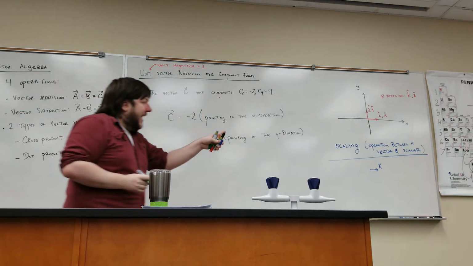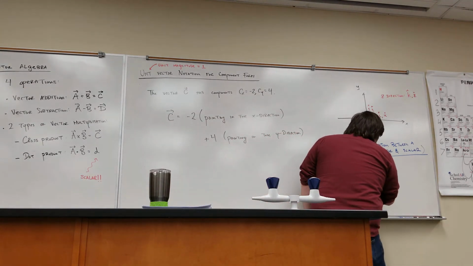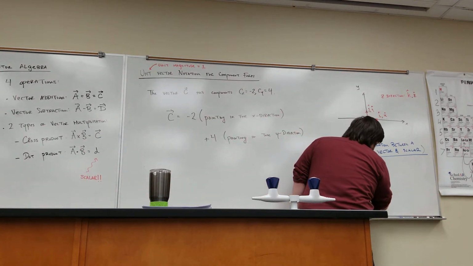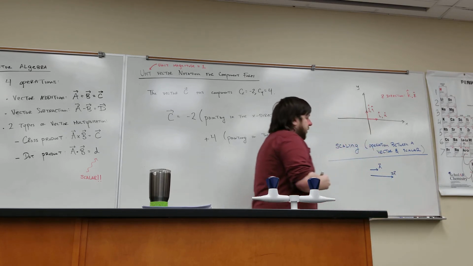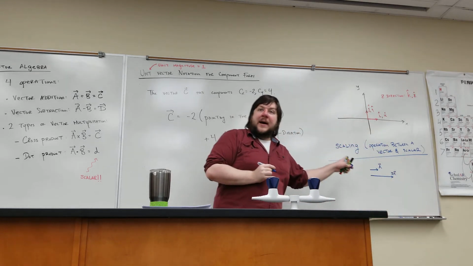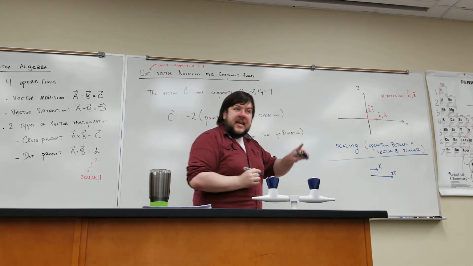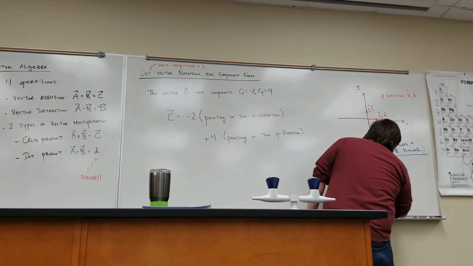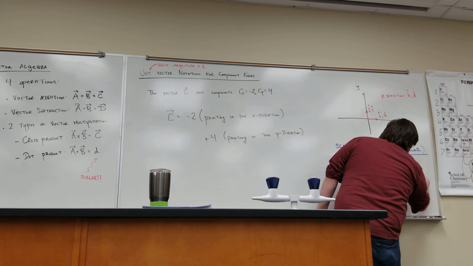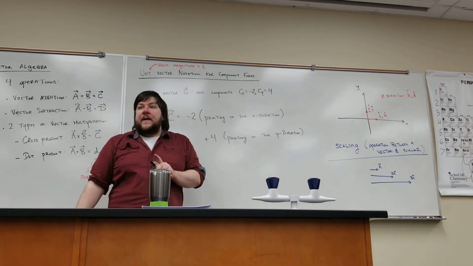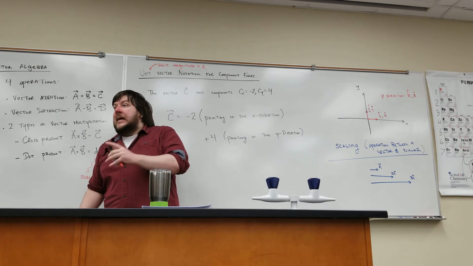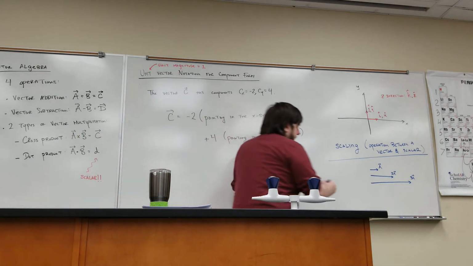So if you take A and multiply it by 2, you will get a vector that points in the same direction that is just twice as long. If you take A and multiply it by 3, you get a vector that points in the same direction, but is 3 times as long. If you take the vector A and multiply it by half, you get a vector that points in the same direction as A, it's just half as long.